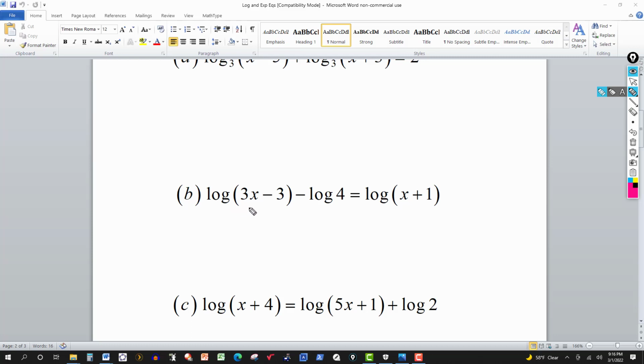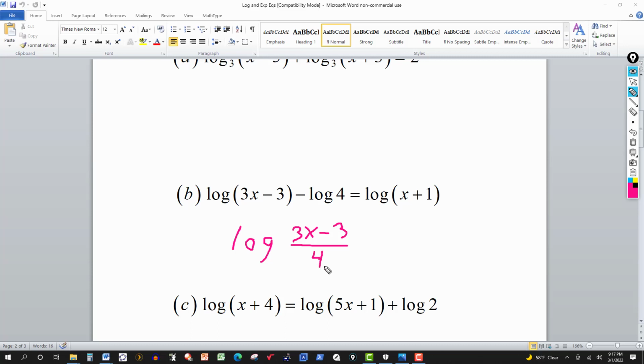Anytime you have the difference of two logs, that's going to be the log of the fraction. In this case, 3x minus 3 over 4.